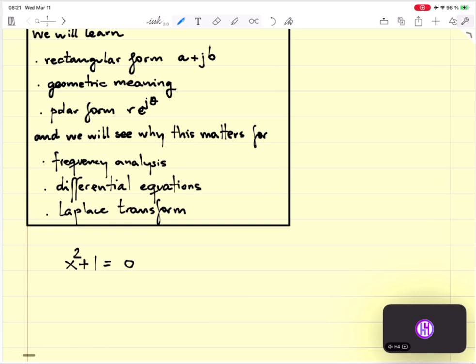So if I write the equation x squared plus 1 equals 0, and I ask you a question, can I solve this equation in R, in the real numbers? No way. It's not possible. Why is it not possible?